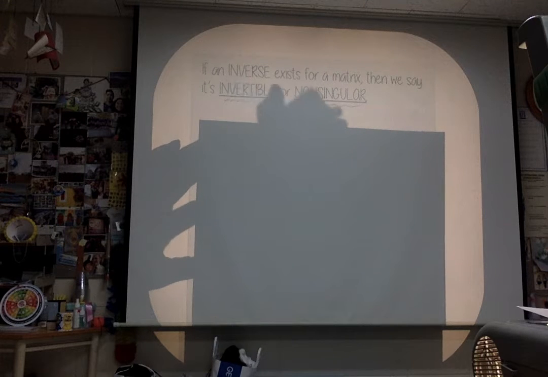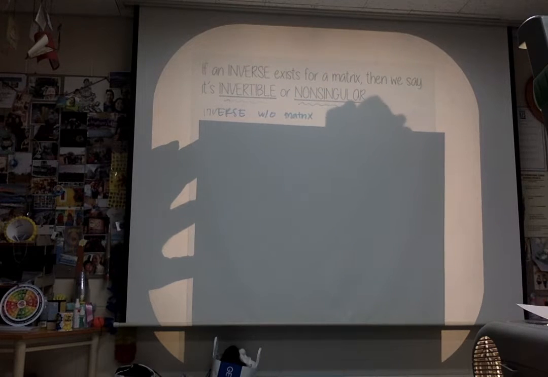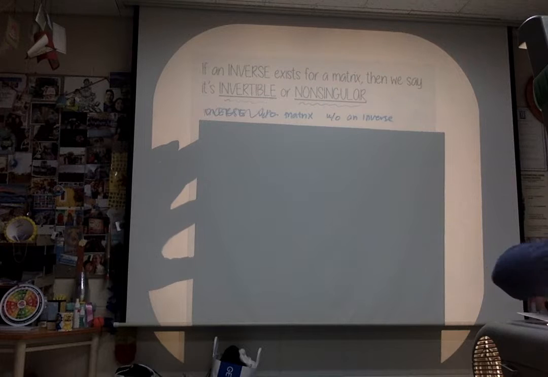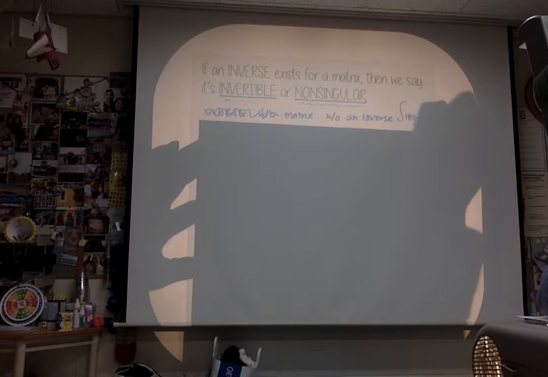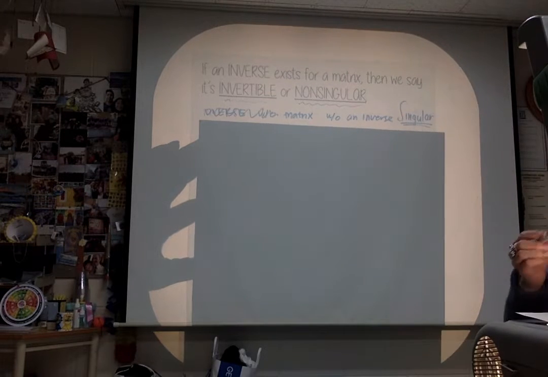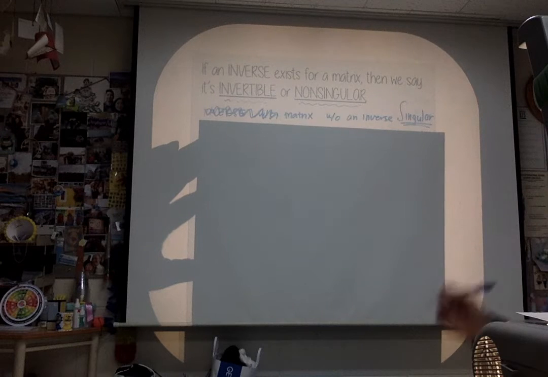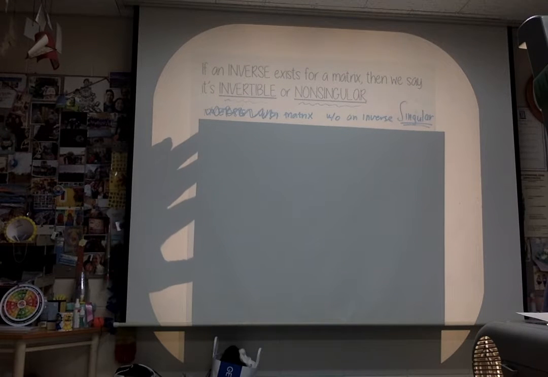Then what do you think we call a matrix without an inverse? Not non-singular, but you're right, it's a singular matrix. So if a matrix does not have an inverse, then it's called a singular matrix.